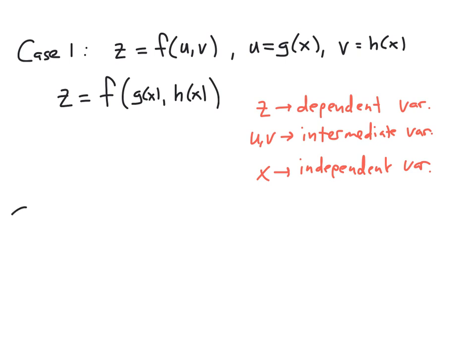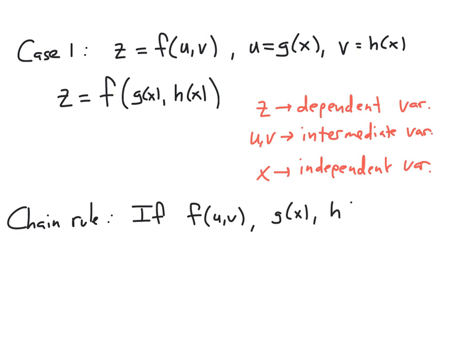And so when we write down the chain rule in this case, we're going to compute a normal derivative using partial derivatives. Right? So for our chain rule, we have to assume that all of these functions are differentiable. So I need f of u v to be differentiable, I need g of x to be differentiable, and I need h of x to be differentiable.